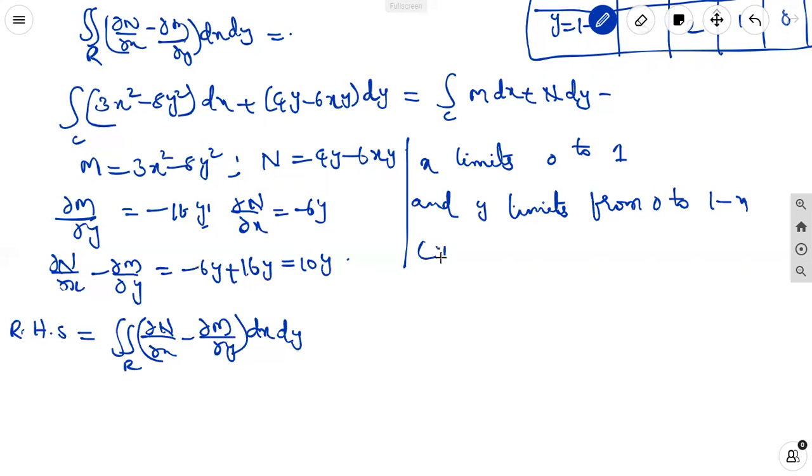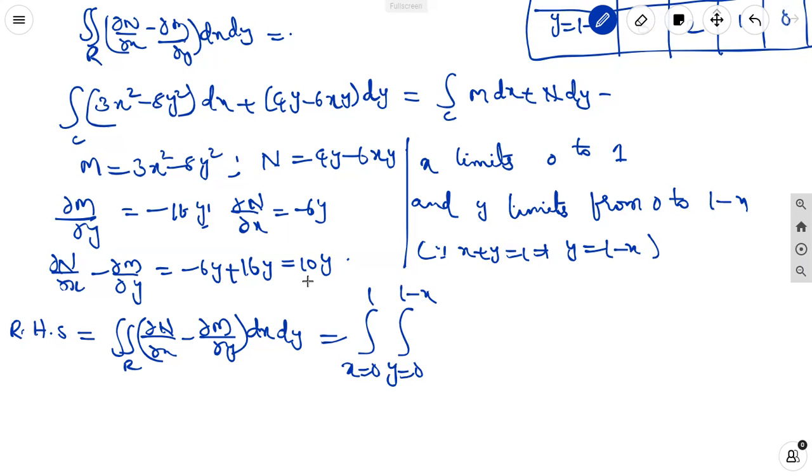Why? Because x plus y is equal to 1. From this, y is equal to 1 minus x. They have given x equal to 0, y equal to 0, and x plus y equal to 1. From that, the y limits are 0 to 1 minus x, and the x limits are 0 to 1. It is equal to the integral with x limits from 0 to 1, y limits from 0 to 1 minus x, of 10y dx dy.